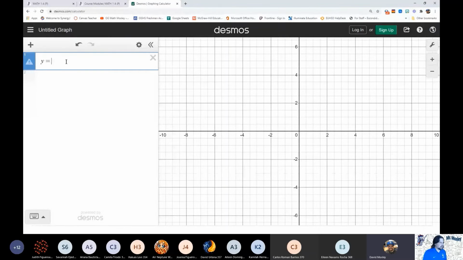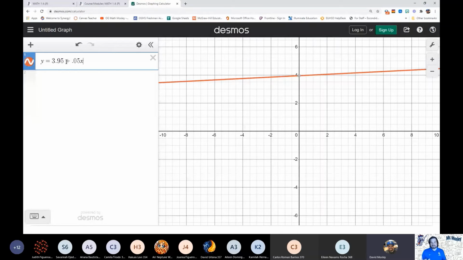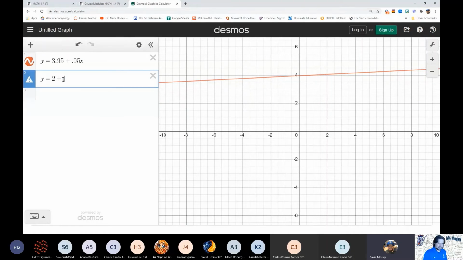We have y equals 3.95 plus, I'm going to use x because it's just easier to use in this case. And then we have y equals 2 plus 0.1x. So we have our two equations here.